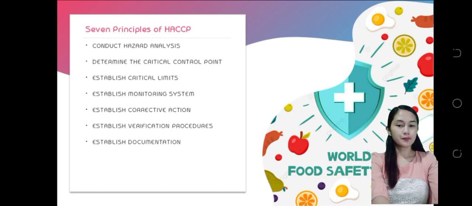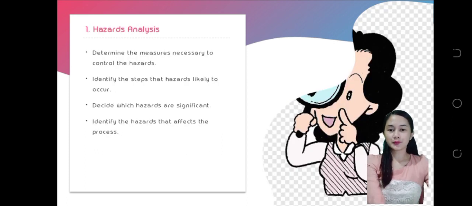So, there are 7 principles of HACCP, namely hazard analysis, critical control point, critical limits, monitoring system, corrective action, verification procedures, and documentation. The first principle is hazard analysis.